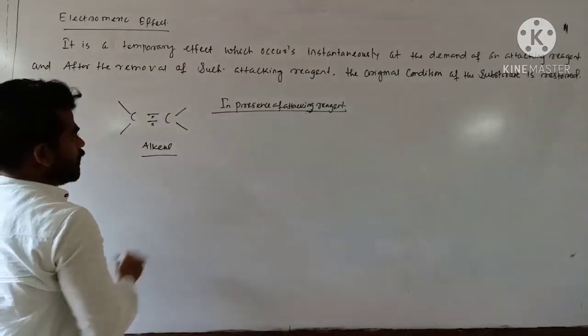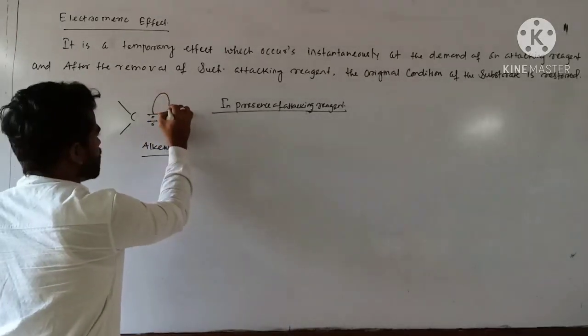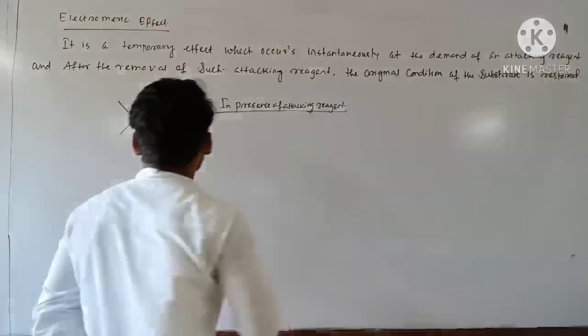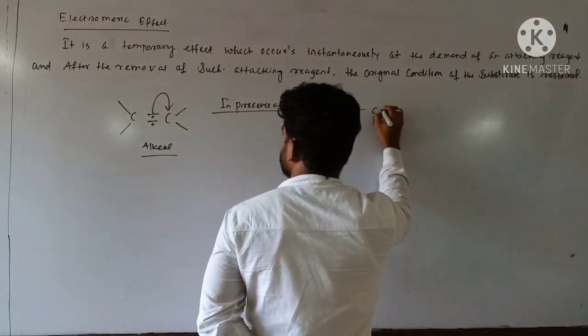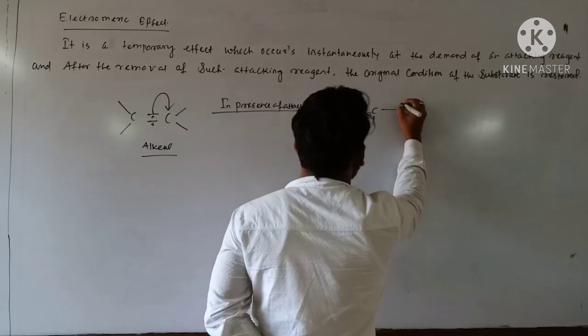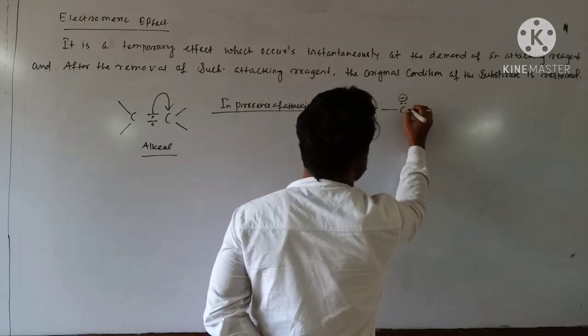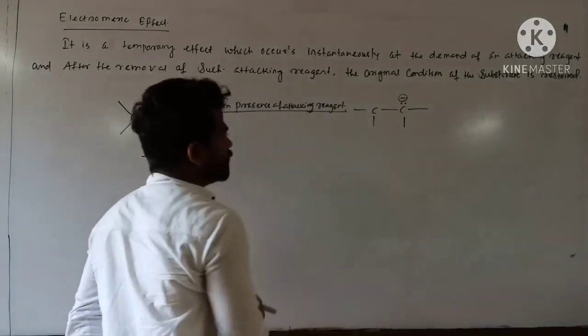This pi electron can be shifted towards either of the carbon atoms, leading to a carbon single bond carbon with a pair of electrons over here on this species.